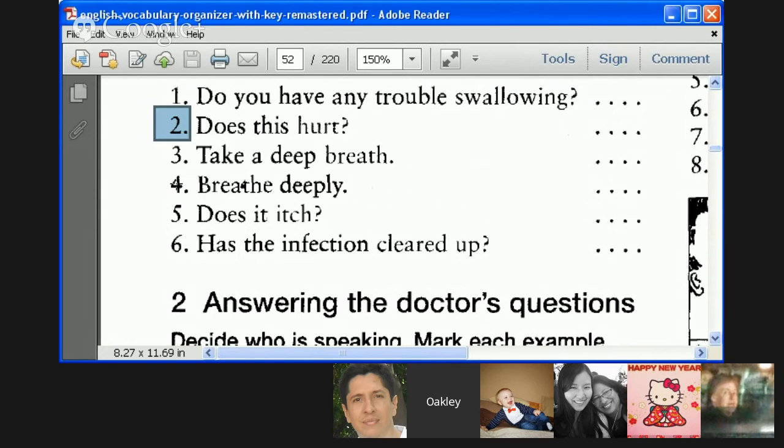Okay. Gemma, obviously, if the doctor says, does this hurt, what is he probably doing? If doctors say to me, does this hurt? What would he be doing if he says, does this hurt?